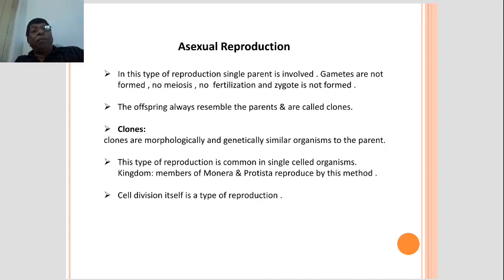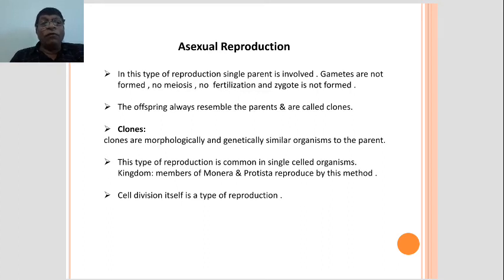This type of reproduction is common in single-celled organisms. As I already told you, single-celled organisms means the lower group of organisms. For example, the members of the kingdom Monera and the members of the kingdom Protista reproduce by this method.